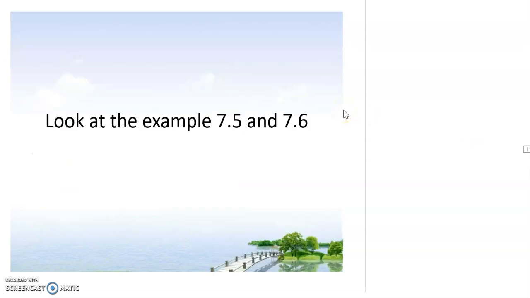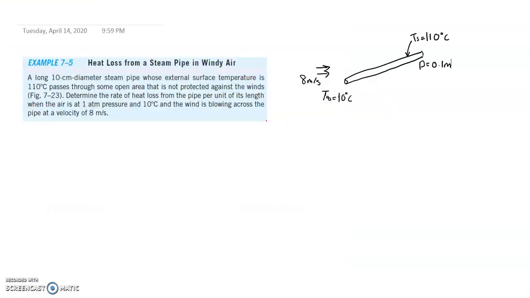So now let's look at examples 7.5 and 7.6. In example 7.5, a long 10 cm diameter steam pipe whose external surface temperature is 110 degrees Celsius passes through some open area that is not protected against the wind. Determine the rate of heat loss from the pipe per unit of its length when the air is at 1 atm pressure and 10 degrees Celsius and the wind blowing across the pipe is at a velocity of 8 meters per second.